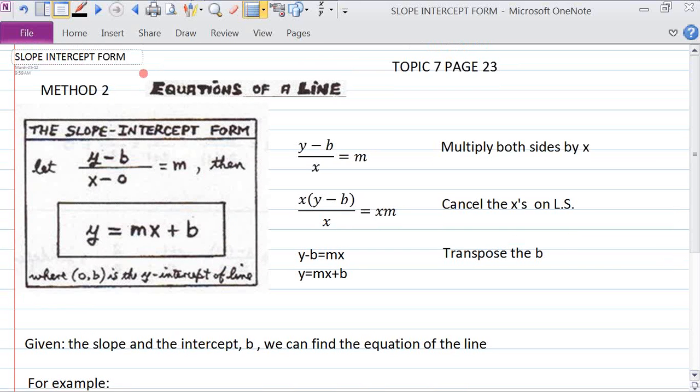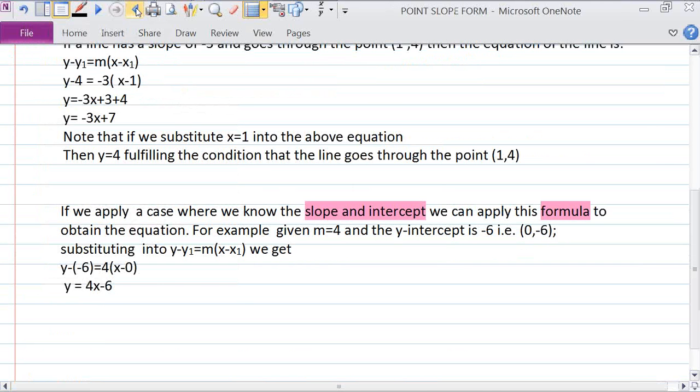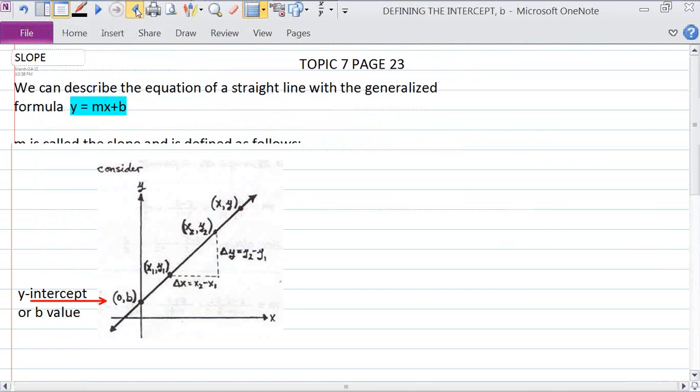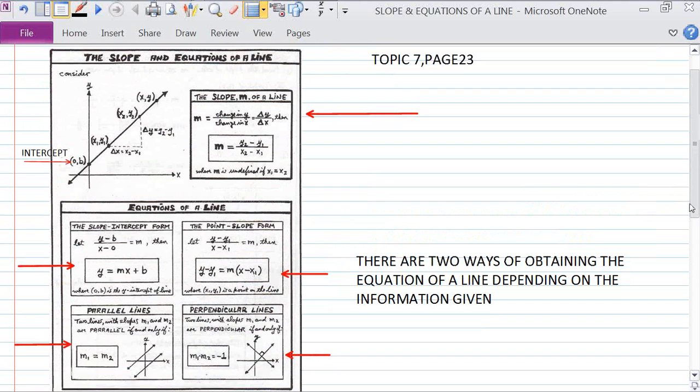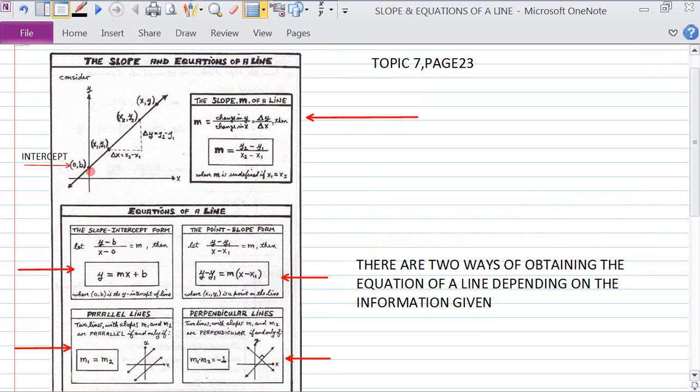So if we just go back for a few, what we've done, to review, is show that the two main characteristics of a straight line are the slope and the intercept. And if we have the slope and the intercept, we can calculate the equation of the line.